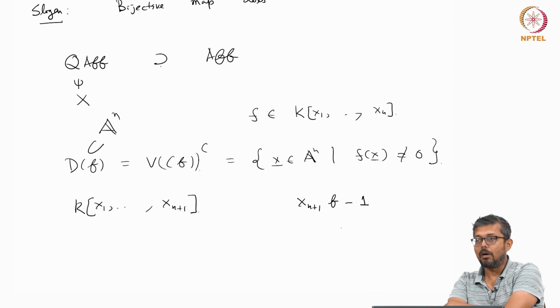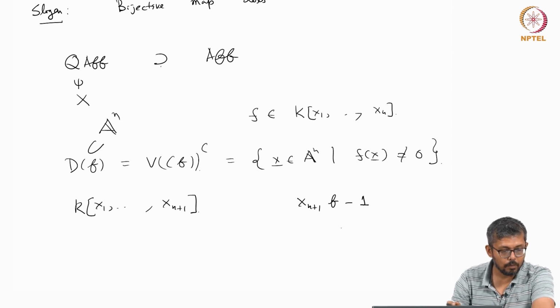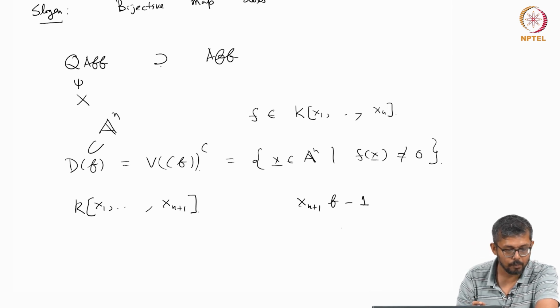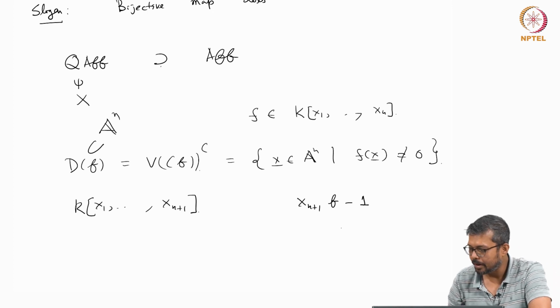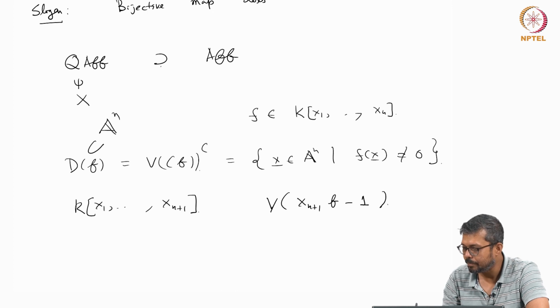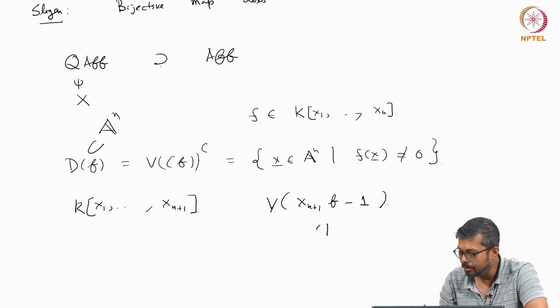Right. So now if you take V of this, this is isomorphic to D(f).